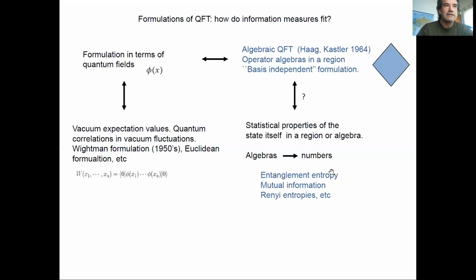So one would like to give numbers to some algebra, and this naturally leads us to the entanglement entropy, mutual information, Renyi entropies, etc., entropic quantities that one can define.